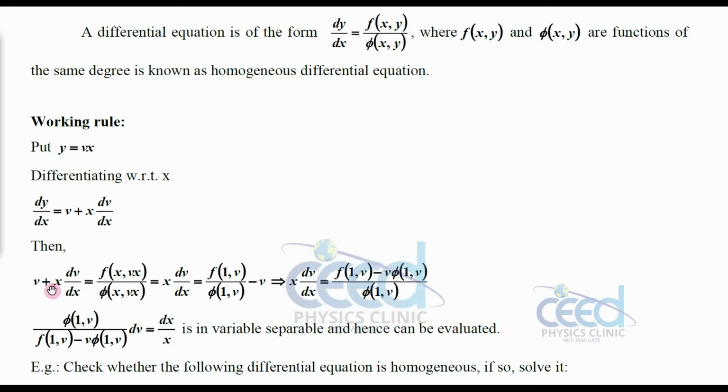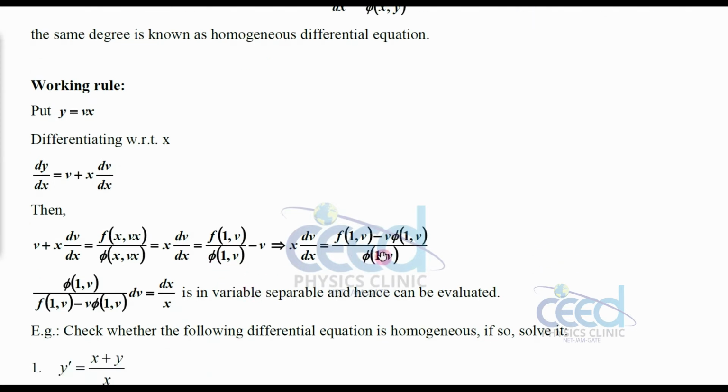So x dv by dx, and this x will cancel out, that is f of 1, v, and here psi of 1, v, and minus this v I can take to this side. So I can write x dv by dx is equal to f of 1, v by psi of 1, v.